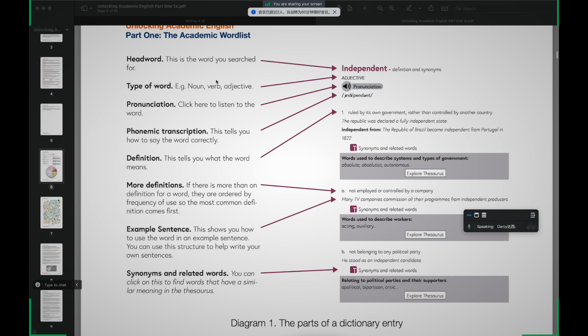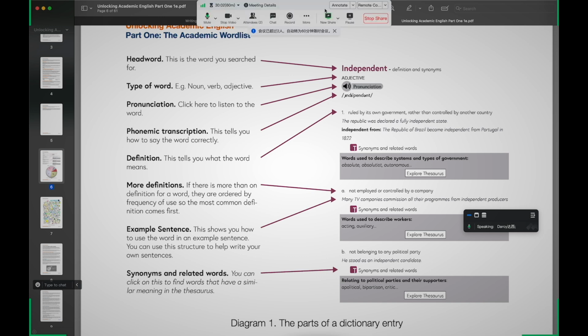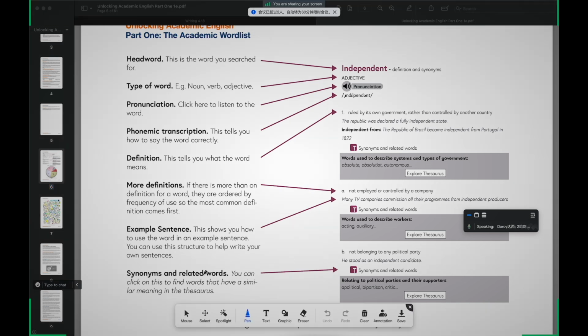Why does English have so many different meanings? Because it's different languages, right? It's French, it's Latin, it's Old English, it's Greek, right? It shows you the pronunciation, how to read the word. It might give you a way to play the sound and hear it. Then it gives you what they call the phonemic transcription, right?